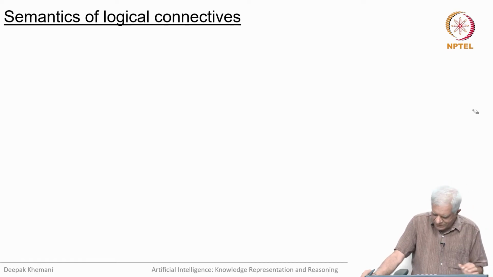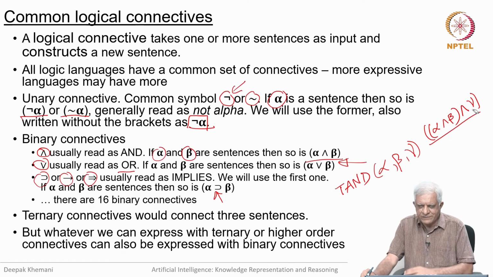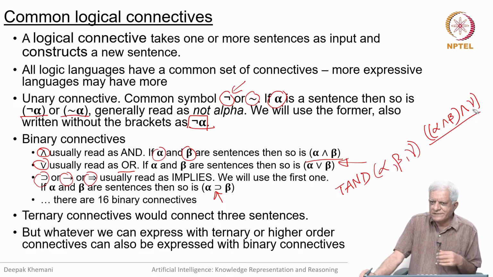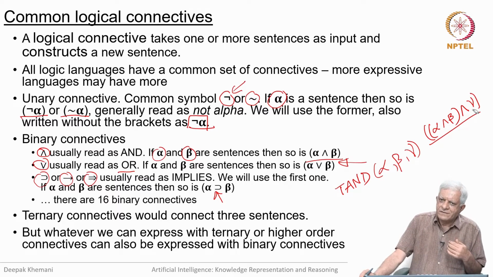Of course, when we talked about connectives here, in our discussion we were already talking about the semantics. AND means this, OR means this, and so on and so forth. In the formal language, it is just a connective, just a symbol which is used to construct a compound symbol.